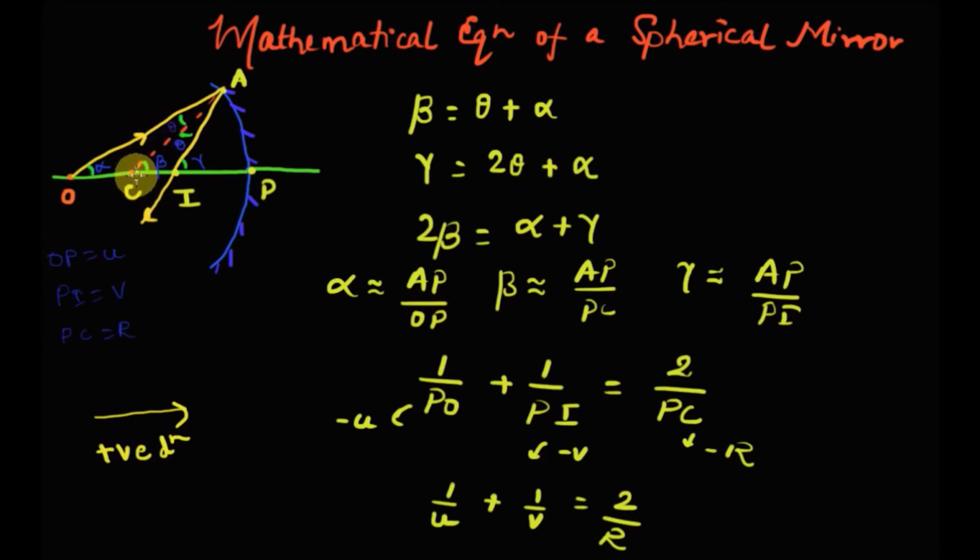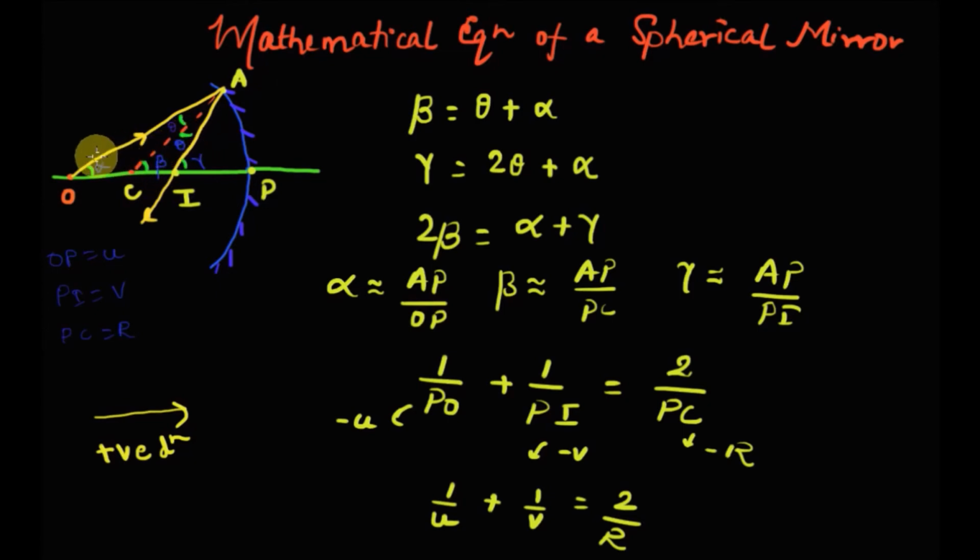Please also note that C is the center of the mirror. So AC is normal to the mirror. Hence, by the geometrical property of the mirror, the angle of incidence, which is angle OAC, is equal to the angle of reflection, which is angle CAI, which is equal to theta.